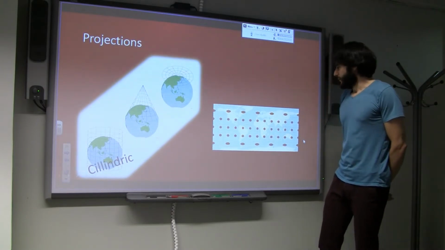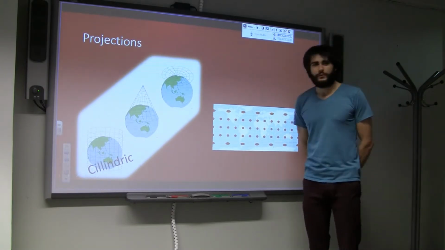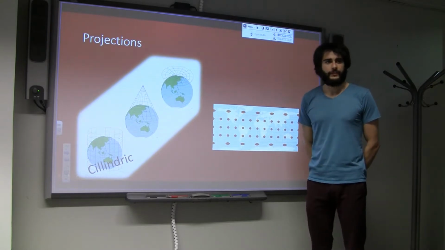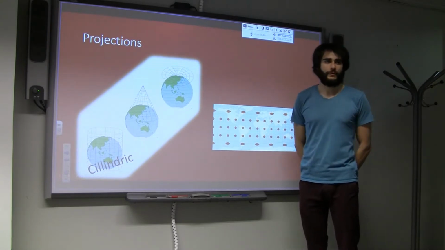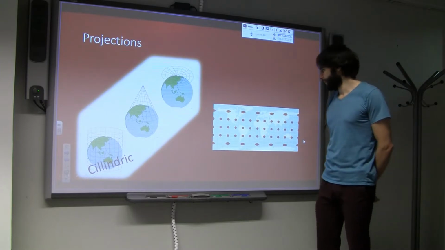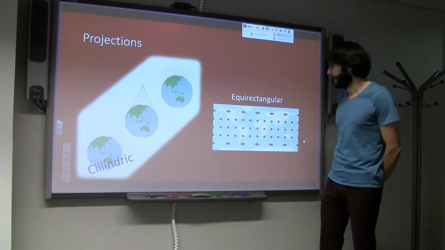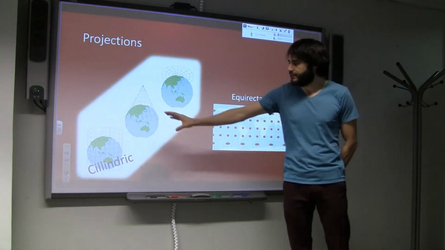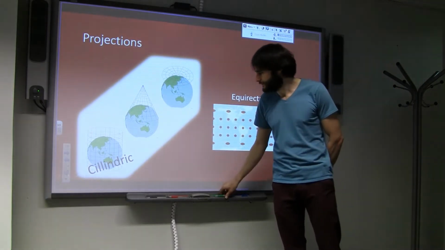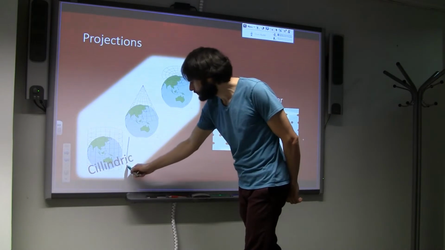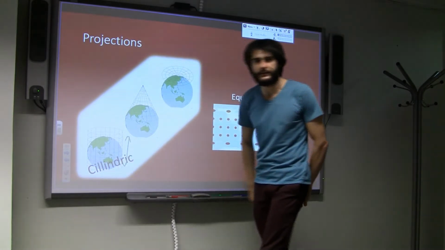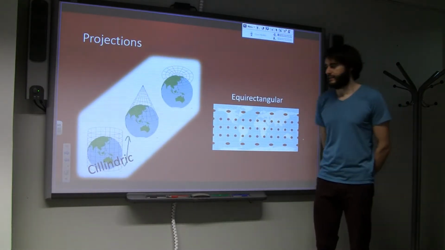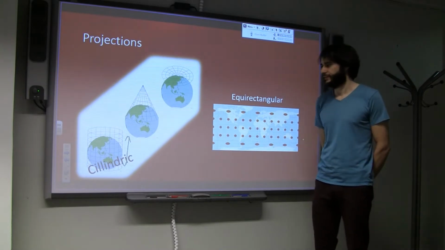So the cylindrical projection is something that you're most likely more familiar with, maybe from geography books, from atlases and whatever. This is actually called the equirectangular projection. It's when the cylinder has the same height as the diameter of the Earth.